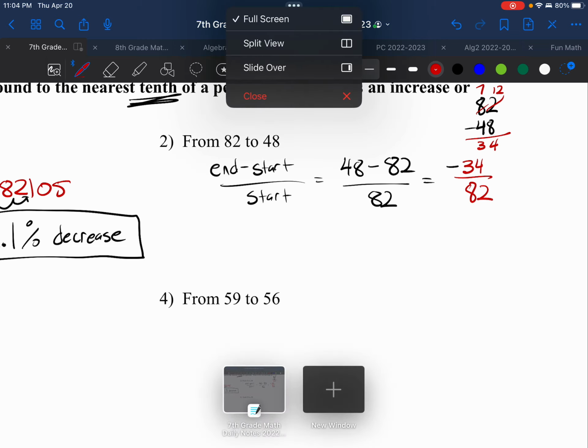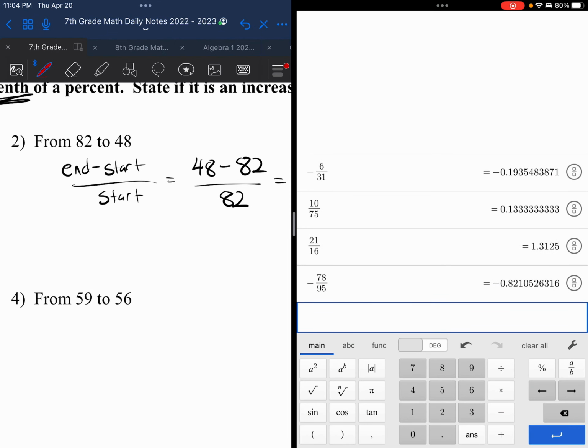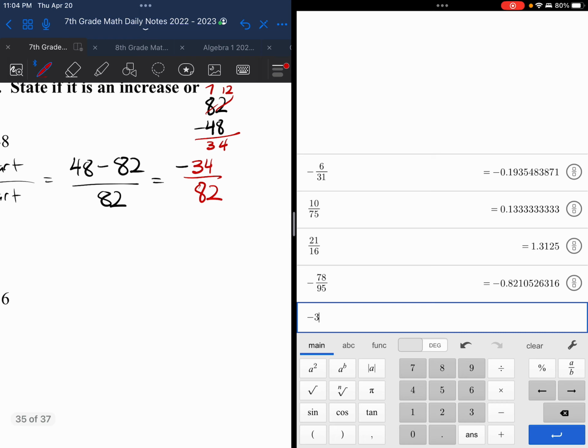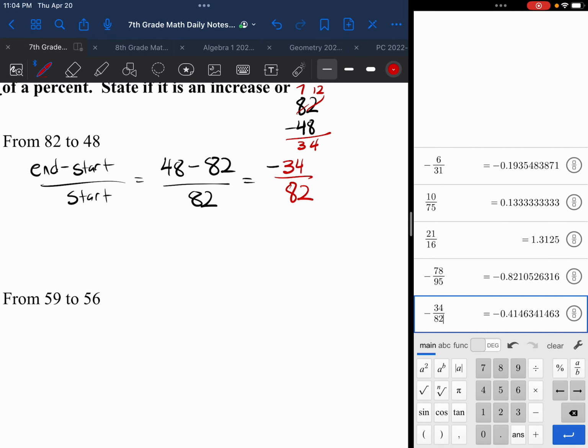And again, I just open up my calculator. I'm going to say, what is negative 34 divided by 82? This is approximately, because we are rounding here, negative 0.4146.